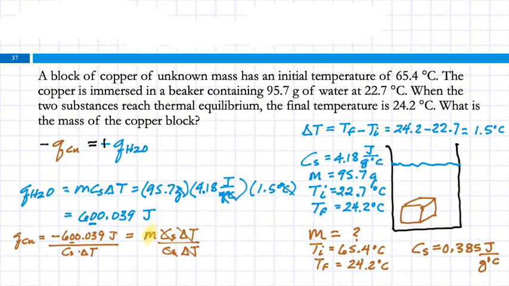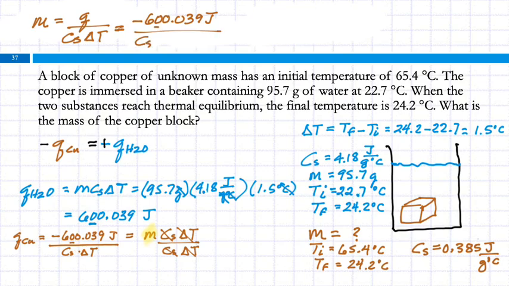Okay, so M for the metal is Q divided by specific heat capacity times delta T. And we've already identified that the Q is minus 600.039 joules. So divided by the specific heat capacity and the change in temperature.